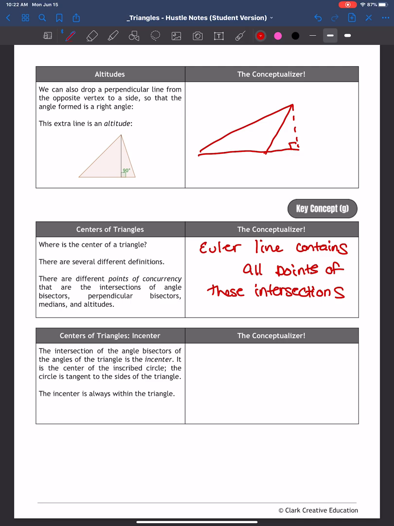The intersection of the angle bisectors of the angles of the triangle is the incenter. It is the center of the inscribed circle. The circle is tangent to the sides of the triangle, and the incenter is always within the triangle. So you have your triangle. You have your circle inside your triangle.